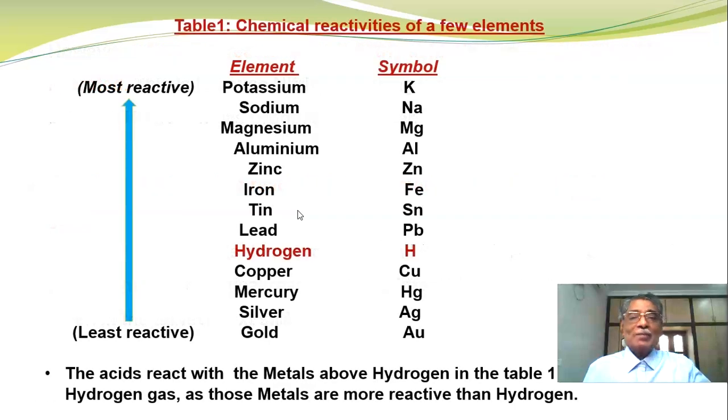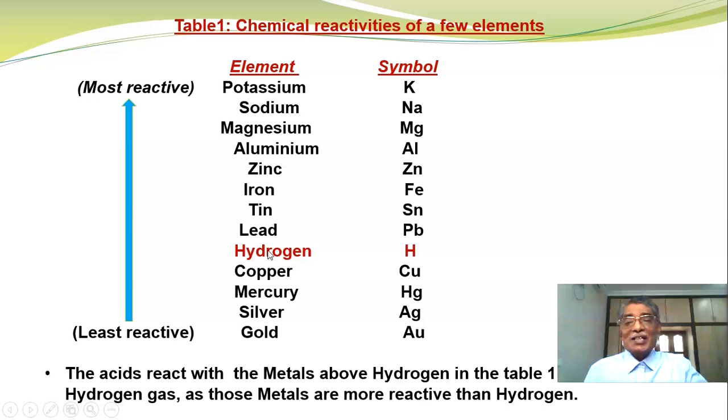Next slide. This table shows the chemical reactivities of a few elements. The most reactive among the elements shown in the table is potassium, then sodium, then magnesium, then aluminium, then zinc, then iron, then tin, then lead, then hydrogen.